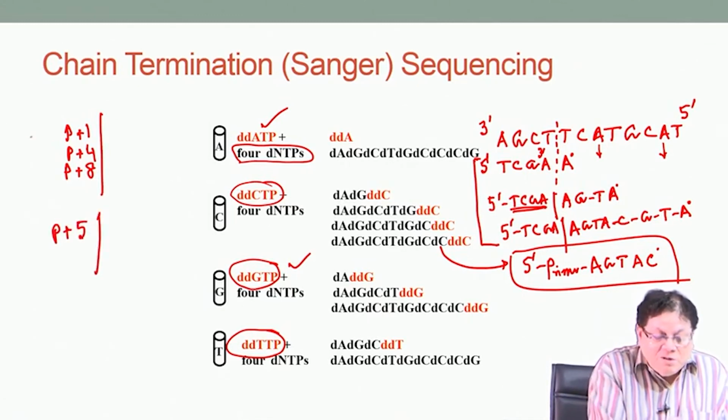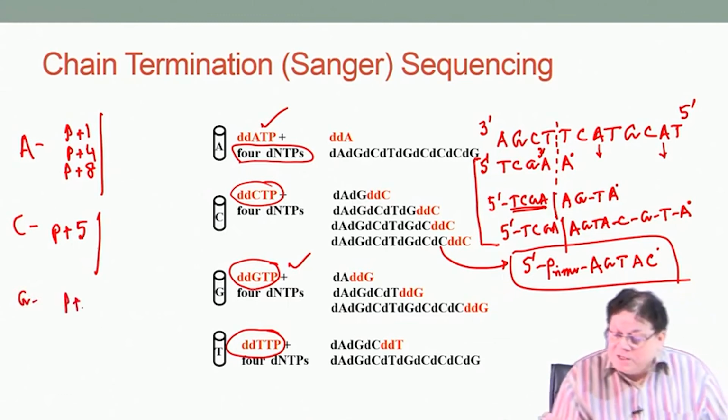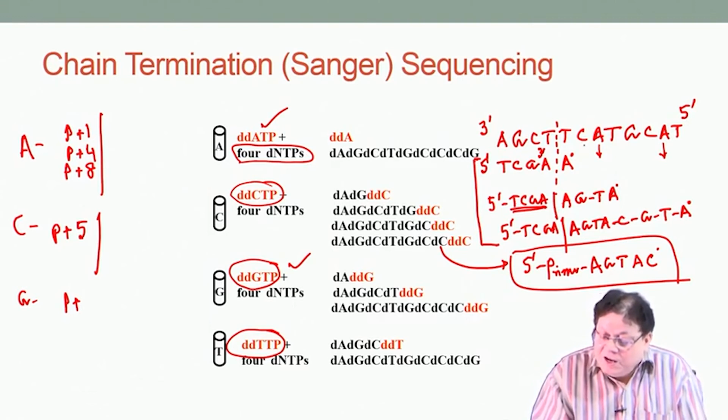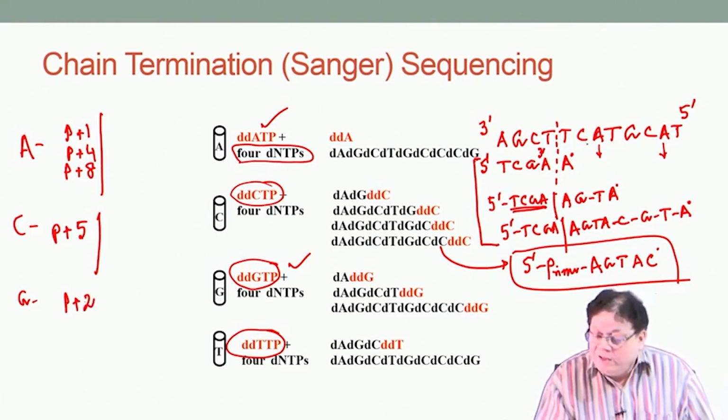Okay. So, this is your A specific reaction, this is the C specific reaction, then your G specific reaction, you will get primer plus, where G is required. So, there is a requirement of G here, there is C here. So, you will get primer plus 2, and then there is another requirement of G here.